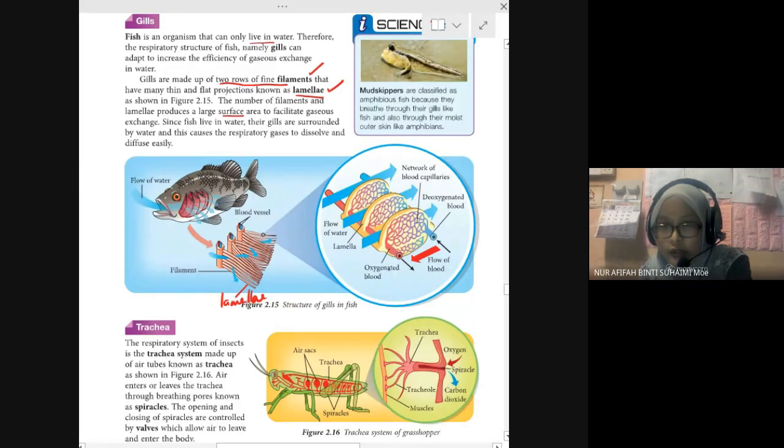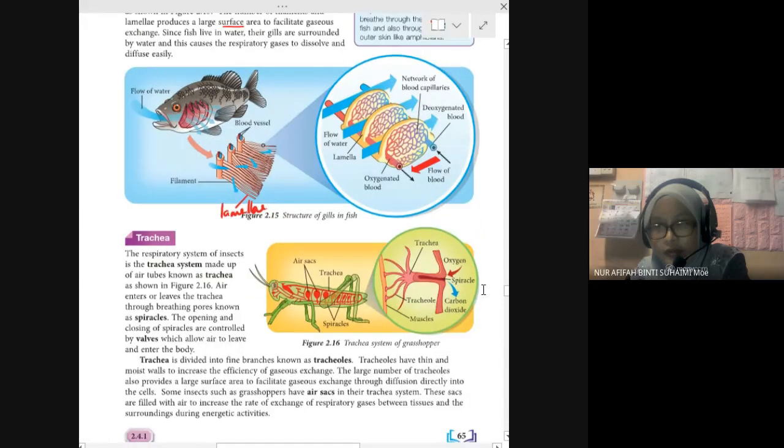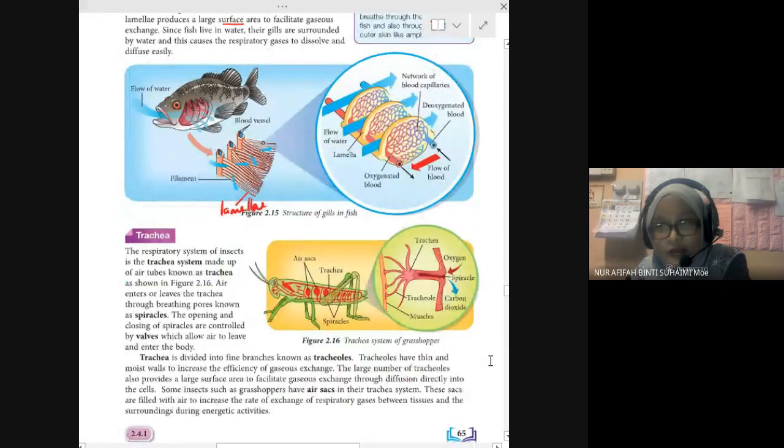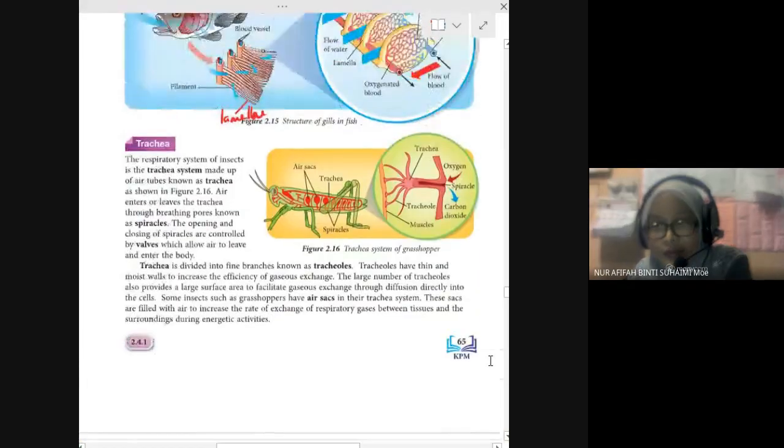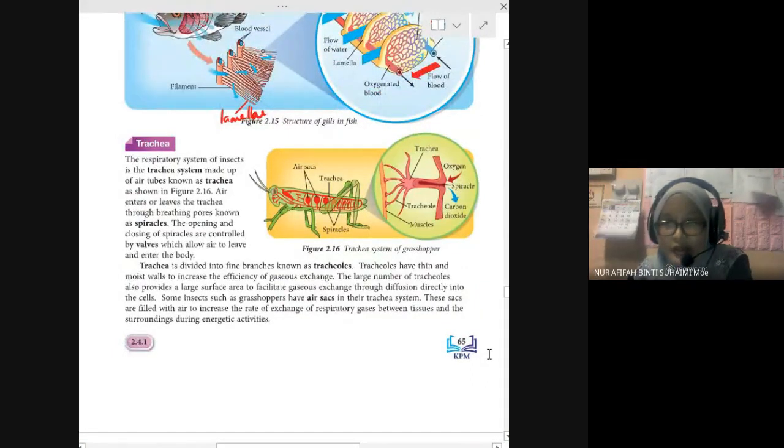The carbon dioxide inside the blood capillary will diffuse into water. Yes, because fish don't have a nose. They use gills.